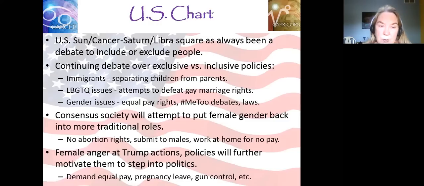Of course, what we also see going on is consensus society trying to put all the female gender back into more traditional roles. They are deliberately passing unconstitutional anti-abortion laws in the states to try and get it to the Supreme Court and overturn our female constitutional right to an abortion. I think that one's going to intensify even more over the next year.